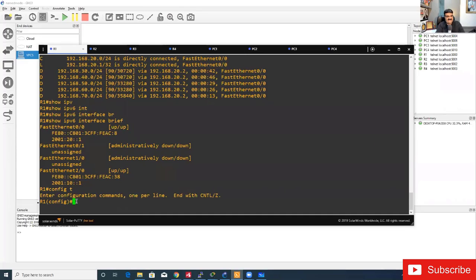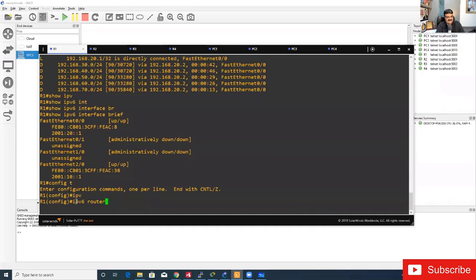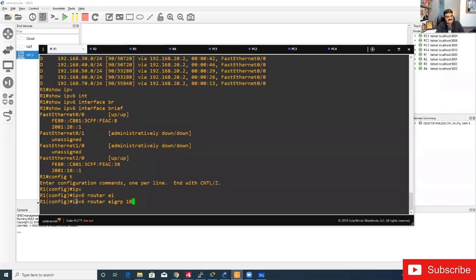If I want to configure EIGRP, I have to configure it like this: ipv6 router eigrp 10. This is the way. But here we have a good advantage: in this particular lab, IPv4 is already configured, so if I don't give this command, it is okay. I just need to enable it on an interface basis. So I can go to interface FastEthernet 0/0.